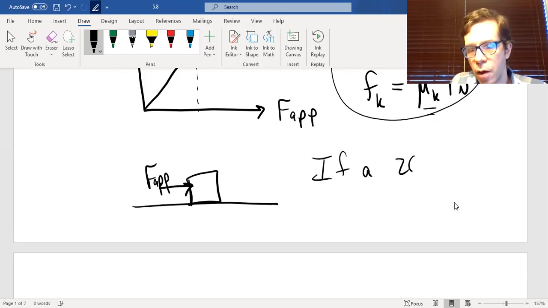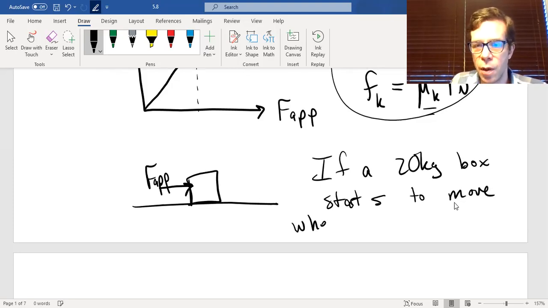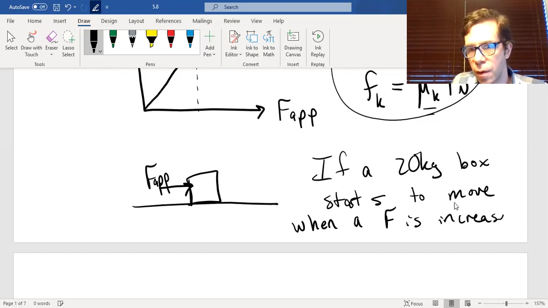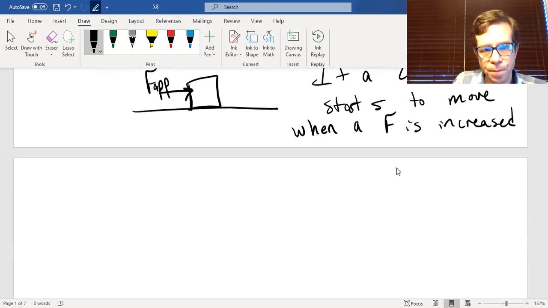If a 20 kilogram box starts to move when a force is increased, let me move to the next page, to 50 newtons.